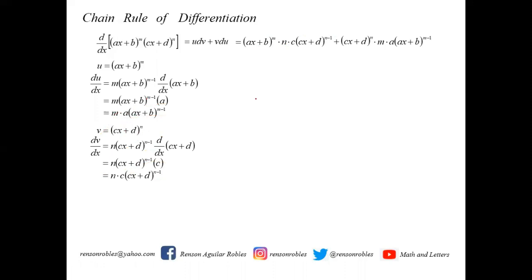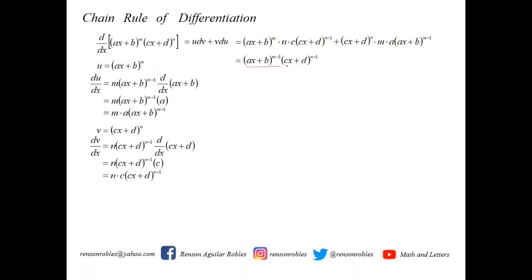And then we shall now use the common monomial factor. So this is (ax+b)^m and this is (ax+b)^(m-1), and the common monomial factor is (ax+b)^(m-1). And for (cx+d)^(n-1) and (cx+d)^n, the common monomial factor is (cx+d)^(n-1).